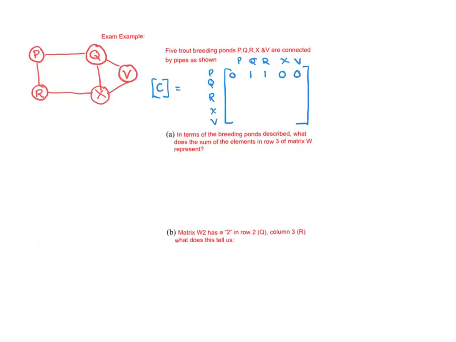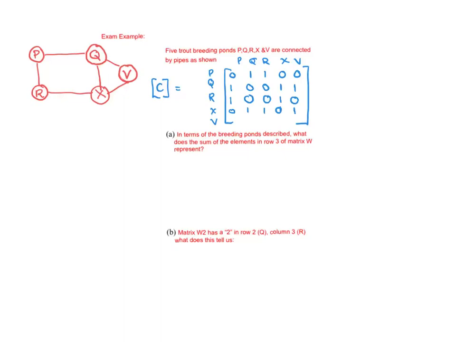For Q, it can go to P, won't go to itself, it can't go to R, it can go to X, and it can go to V. R can go to P, cannot go to Q, won't go to itself, can go to X, cannot go to V. X can't go to P, can go to Q, can go to R, and can go to V. Oh, wait a minute, sorry, X won't go to itself, will go to V. I picked up that mistake because I should have zeros on my leading diagonal.